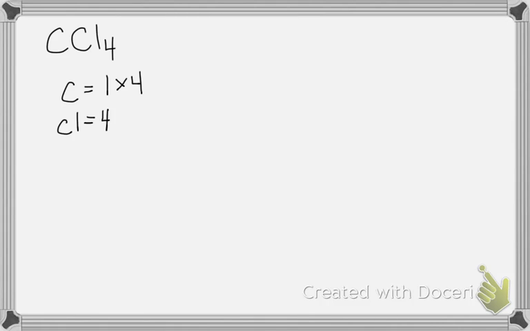From the position of chlorine, I know it has 7. So that's a total of how many electrons? 32 electrons. Does that make sense? Yeah, it makes sense.